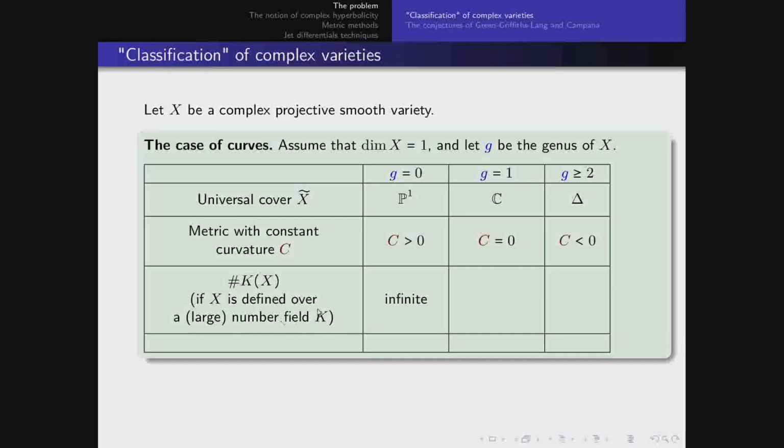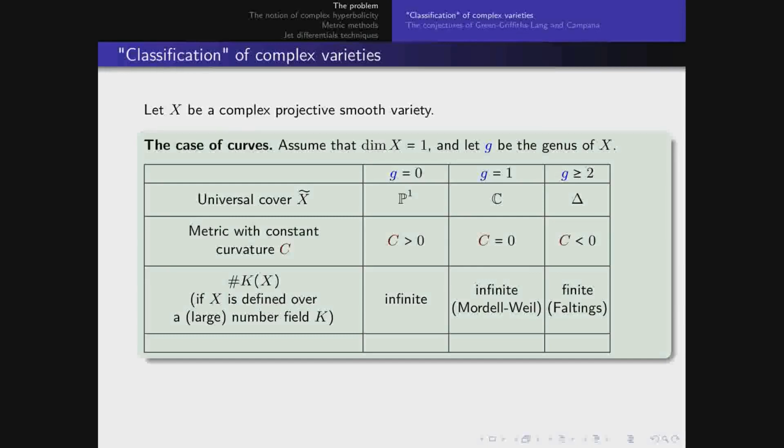In the case of genus 0 it will be infinite. The Mordell-Weil theorem tells us that it will be infinite, again if K is large enough, in the case of genus 1. And by Faltings' theorem, we know that there will be only a finite number of rational points if the curve is hyperbolic.